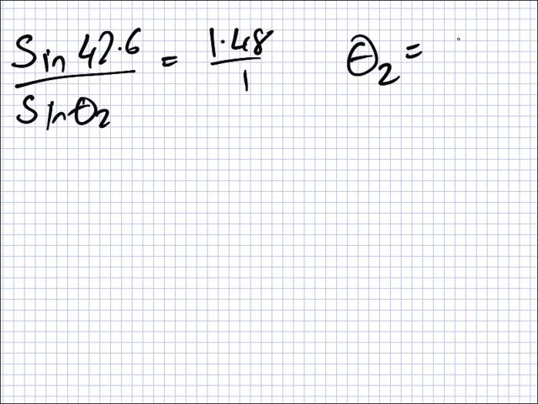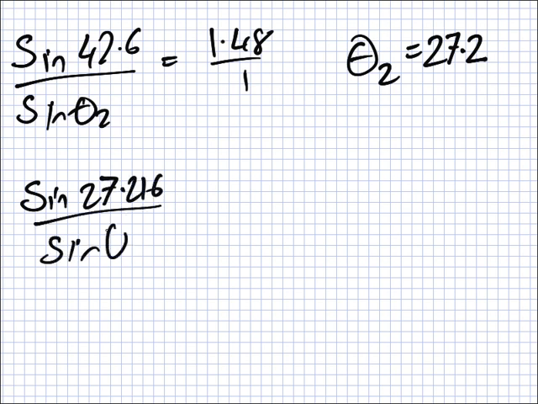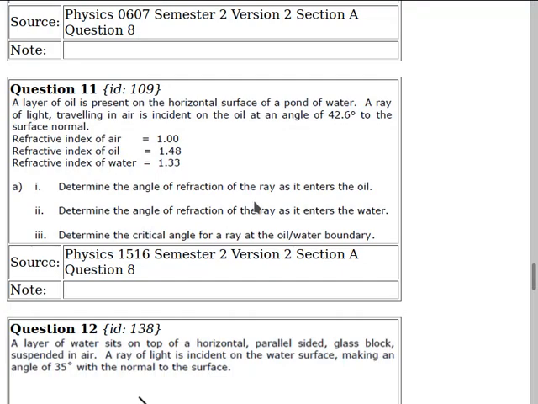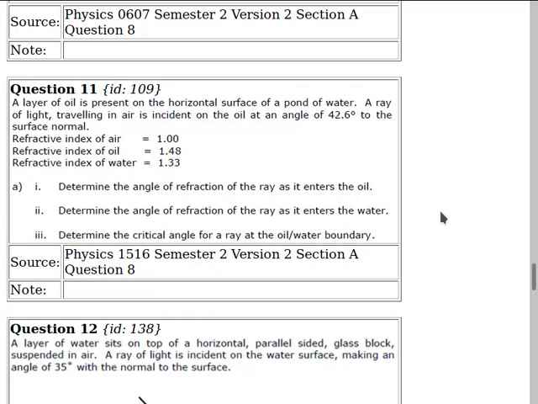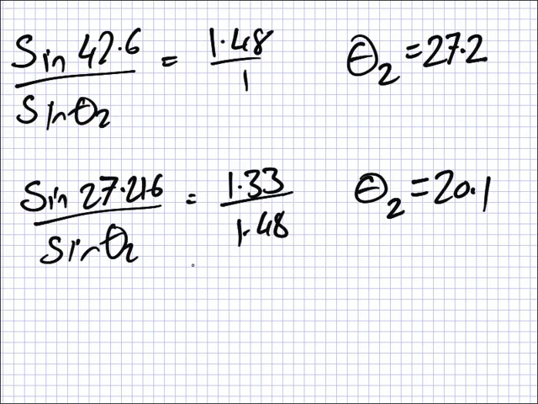Yeah, 27.216. Then the next one is sine 27.216 over sine theta 2 will equal, and now it's 1.48 on the bottom and 1.33 on the top. Is that right? Yeah. So theta 2 this time is 20.1129.